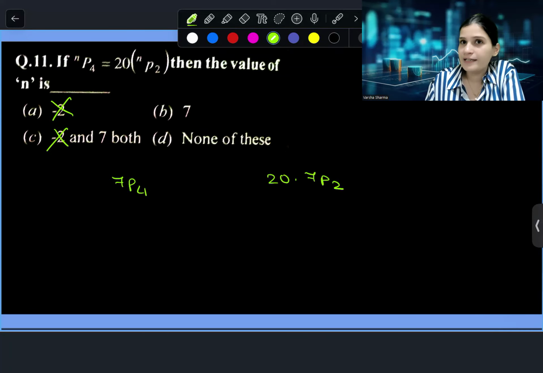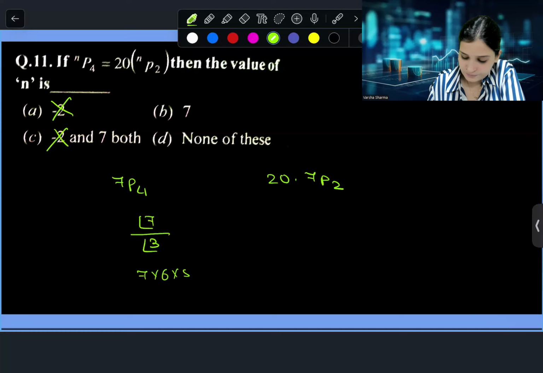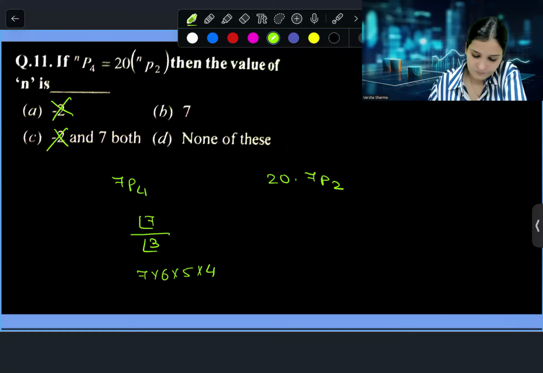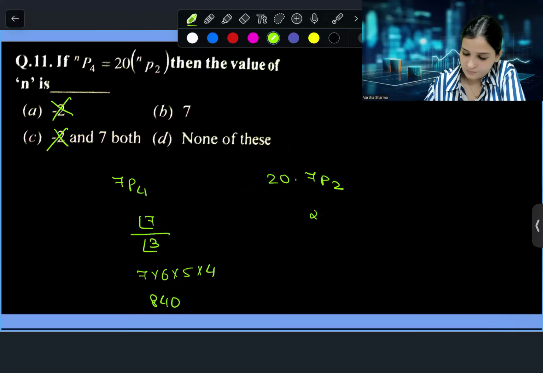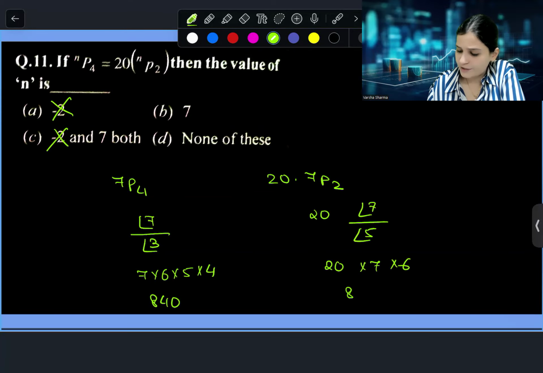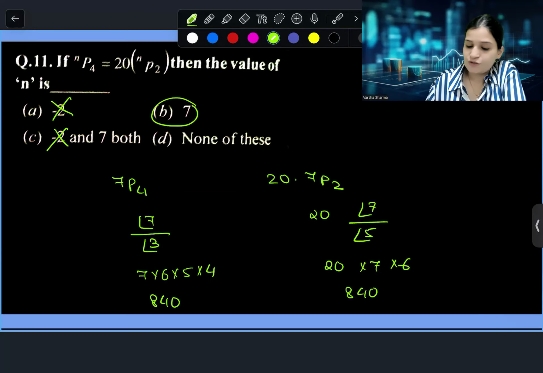If that is the answer, then yes, otherwise none of these. 7P4, factorial 7 by 7 minus 4, 3. This is 840. Same, 840. So 7 is true.